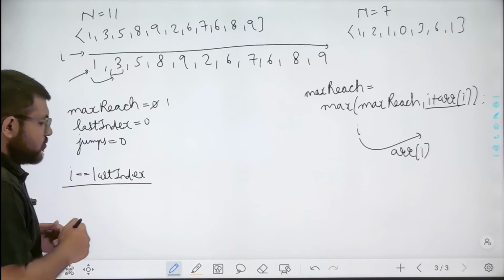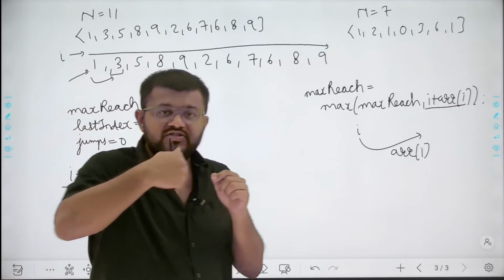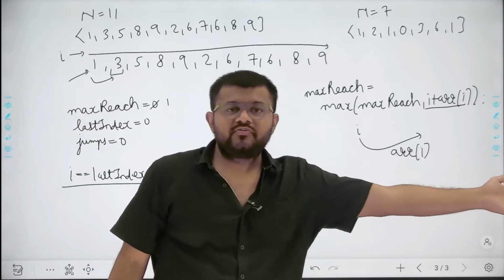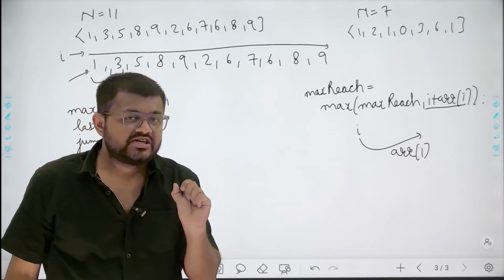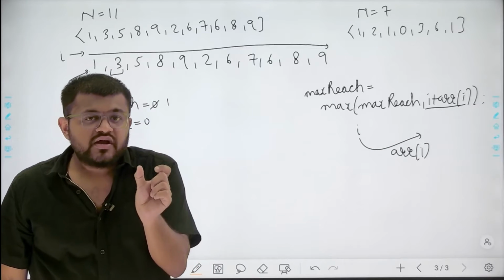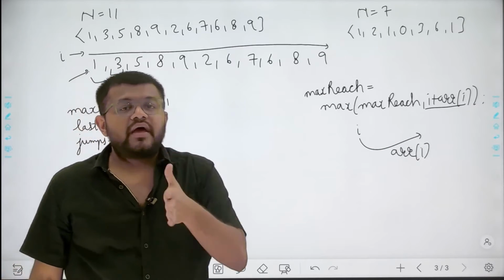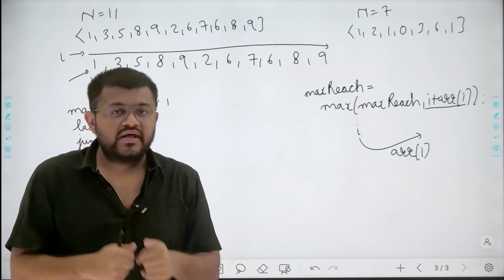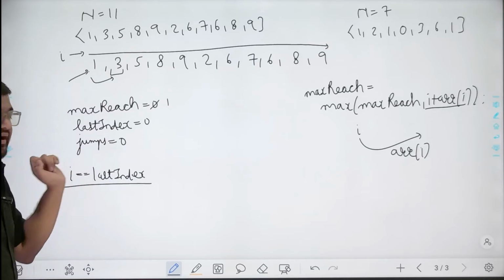Why? Because I is the index which I am moving one after the other, checking what is the maximum reachable index. Last index was the maximum index which I can reach by the number of jumps I have taken till now. Number of jumps taken till now is 0.